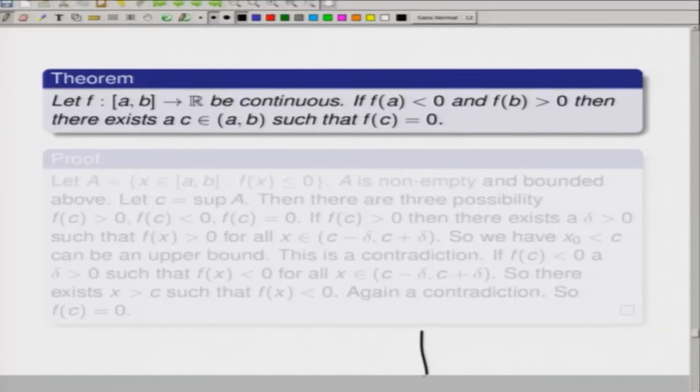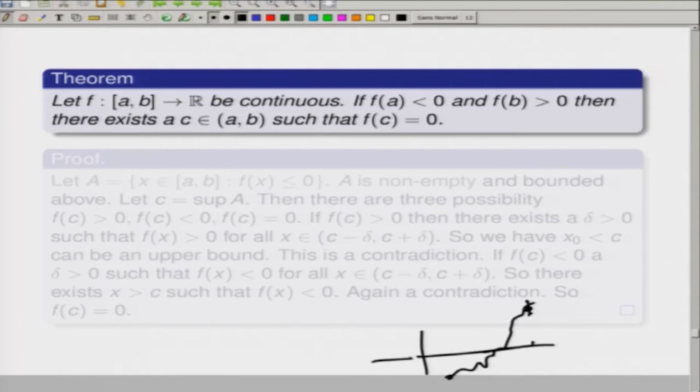Okay, so now f is such a function that f(a) is taking a negative value, f is a continuous function, and at b it is going to take a positive value. Now, if I try to go whatever way I want to reach, I am not allowed to lift my pen.